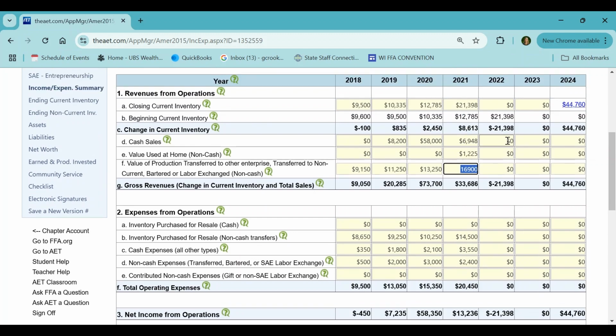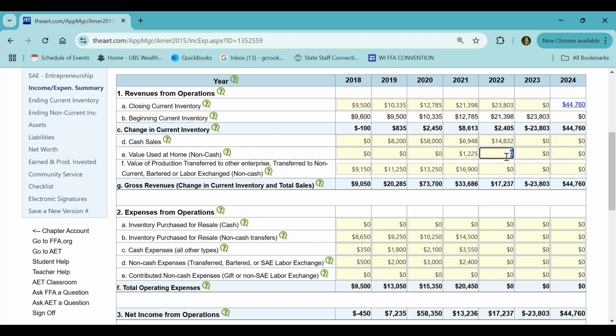Okay, so 2022, this one has an ending current inventory of $23,803. And notice that goes right over to 2023. And then their cash sales was $14,832.